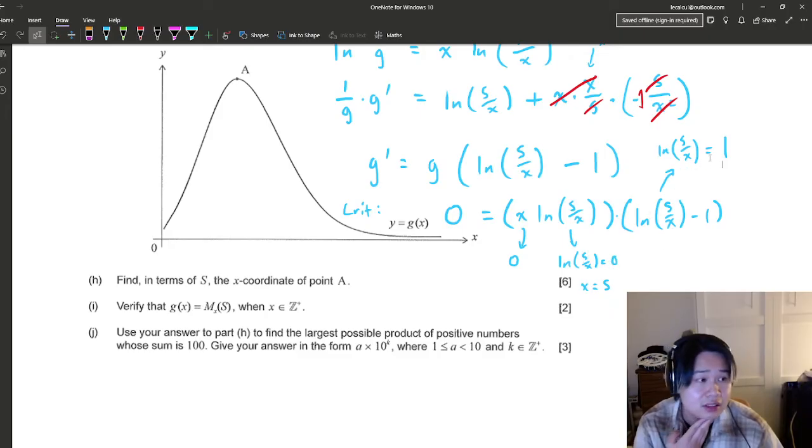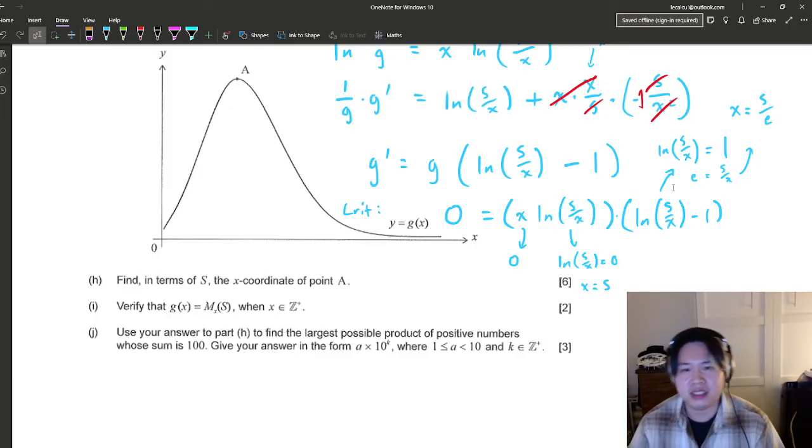Yeah, where this is equal to 1, and then we can solve for x here. So this is saying that e should be equal to s over x. So from here, x needs to equal s over e. Man, did I mess this up?